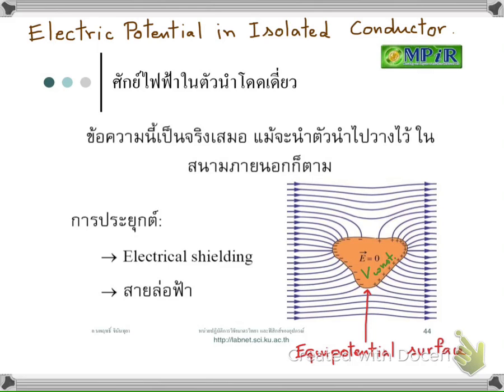Again, we can use the isolated conductor as an electric shield, and we can use this concept to create the device that protects the building from lightning.